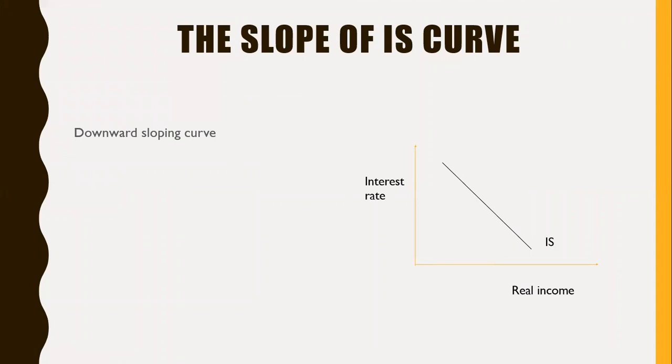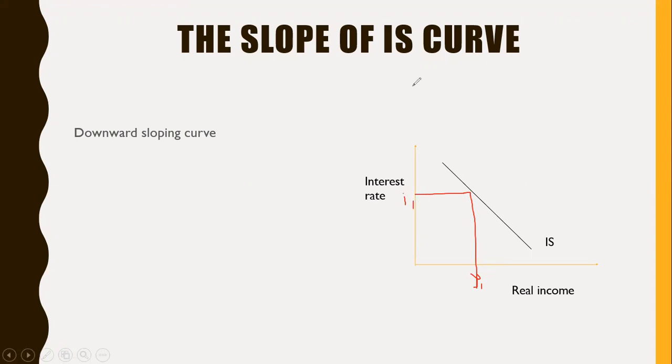After considering the derivation of the IS curve, we will consider the slope of the IS curve, which is actually panel B of the earlier diagram. Now, here we have the IS curve already available. It is at a certain level of income Y1 and interest I1.